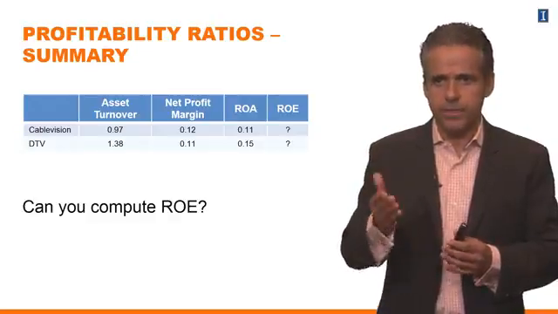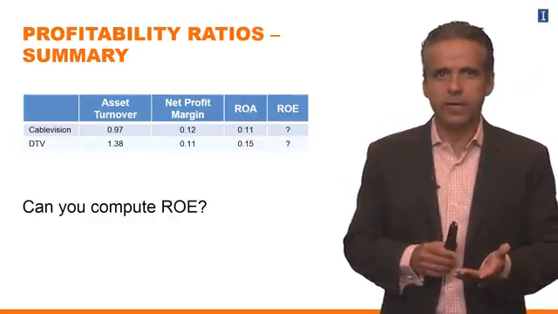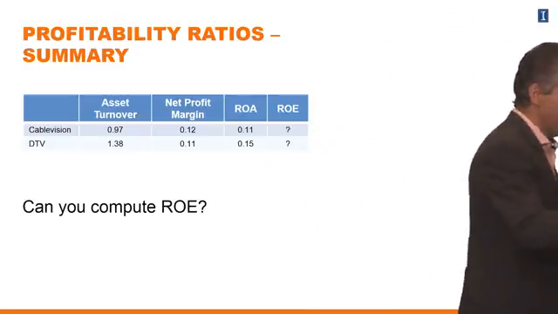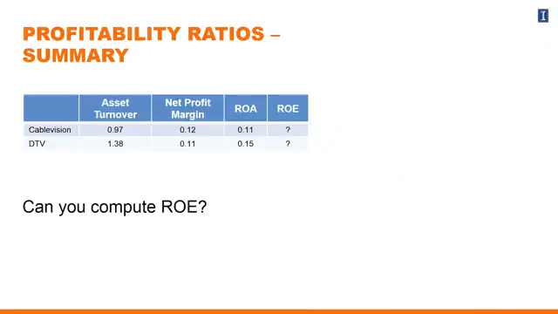Okay, let's think about ROE. ROE is net income divided by equity. And remember, do we use market equity or book? Book, right? We just learned that. So you would need to use book equity.